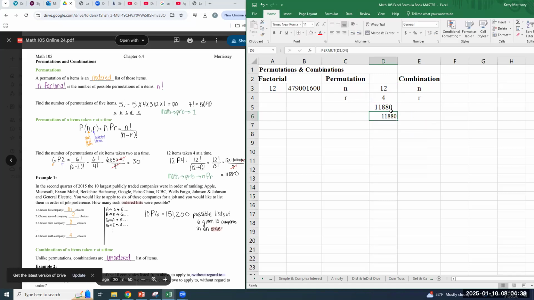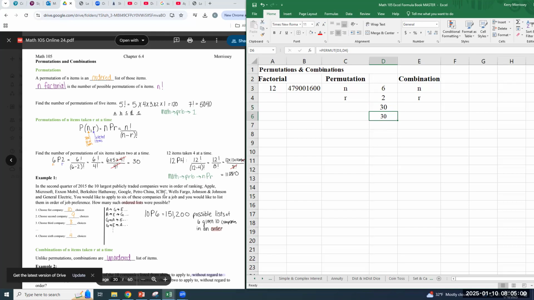You'll notice that should come up with the same exact answer as the one above. So both answers should be right. One is just using the formula, which we can certainly do, and this one is already using the built-in formula from Excel.